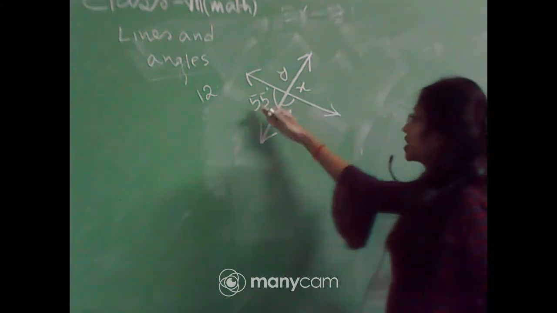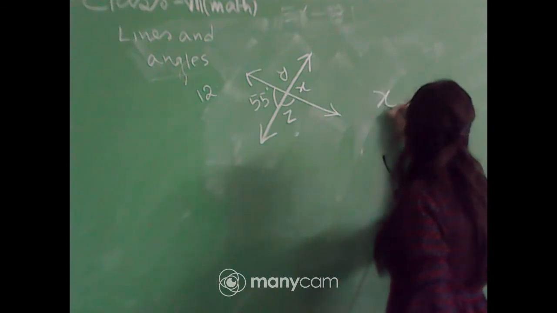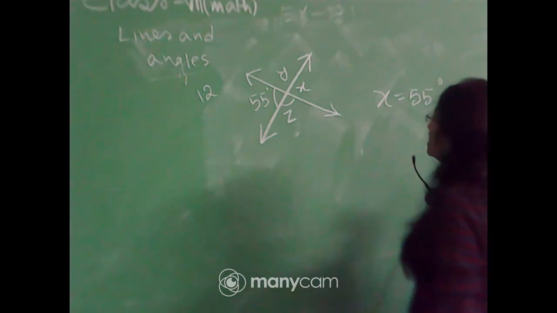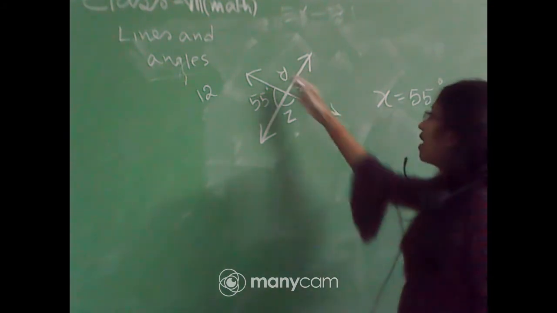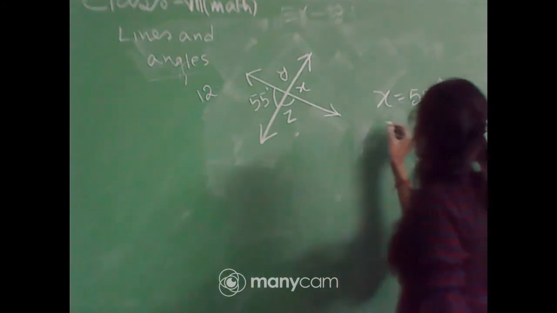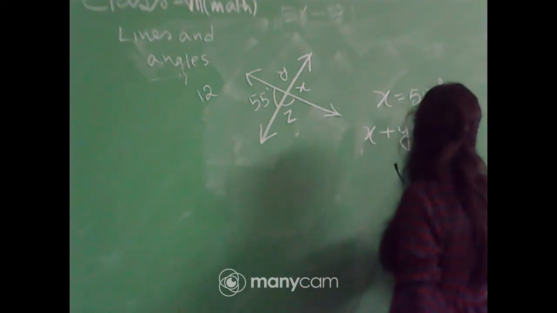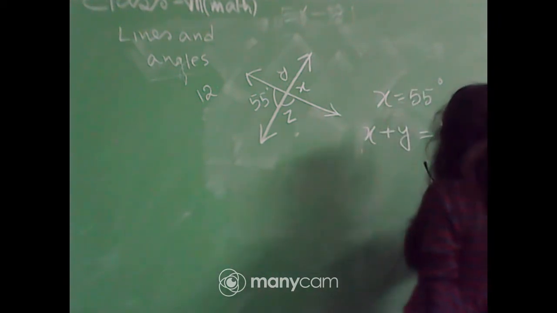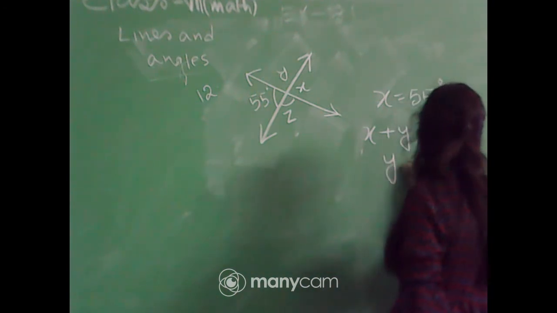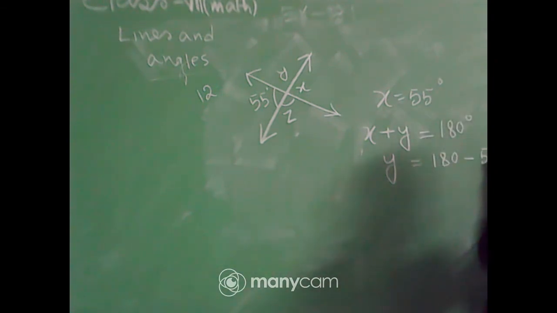Since x is the vertically opposite angle of 55, so x is equal to 55 degree. Again, we see that angle x and angle y are supplementary angles, and so their sum is 180 degree. That is angle x plus angle y is equal to 180. Therefore, angle y is equal to 180 minus 55 degree.